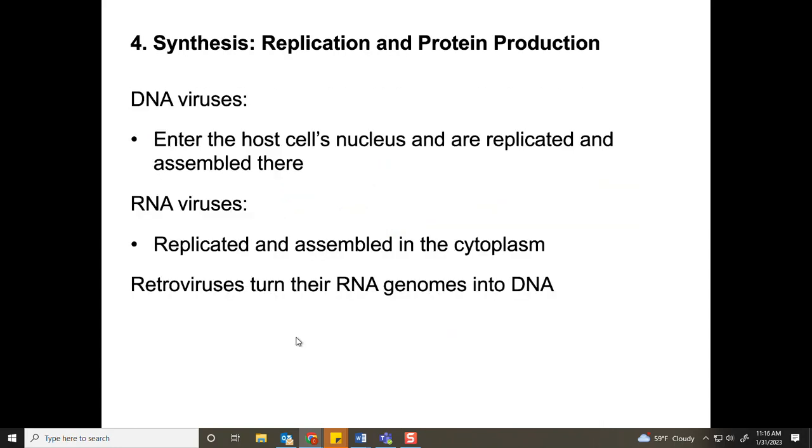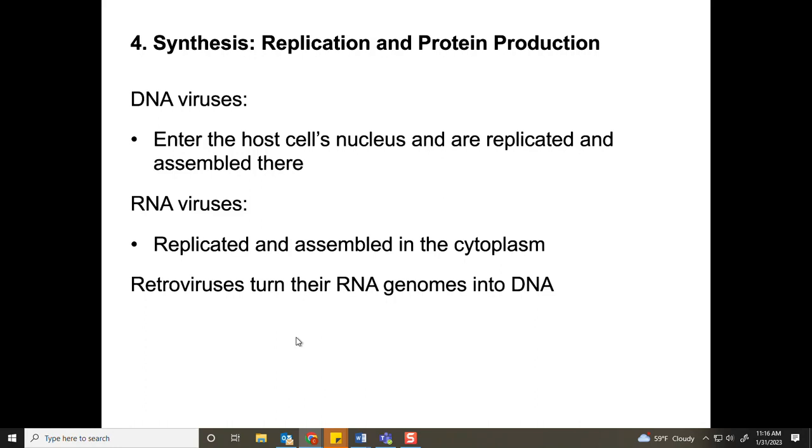So our next step is synthesis. This is replication and protein production. If we think of synthesis, we should be thinking of building, because when we synthesize something, we're making it. If you synthesize a cake, you take the ingredients and you bake the cake.